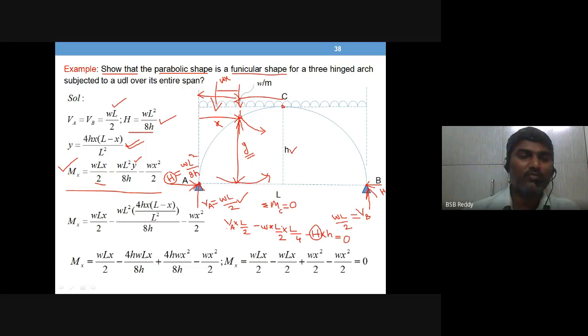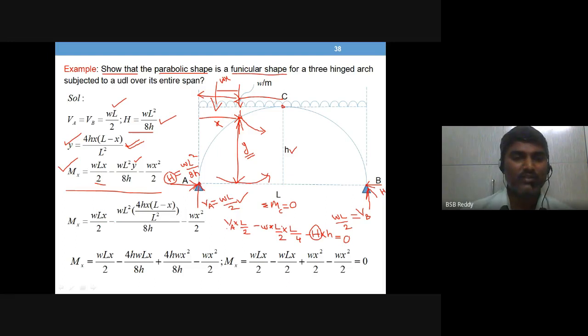So that is this one, 4hx into (L minus x) by L square. This equation is the parabolic geometry that should satisfy this equation. If there is a parabolic geometry, that geometry should satisfy this one. Okay. So now in place of y, we substitute this value, that means 4hx(L minus x) by L square. Now all other terms remain the same, nothing to substitute.